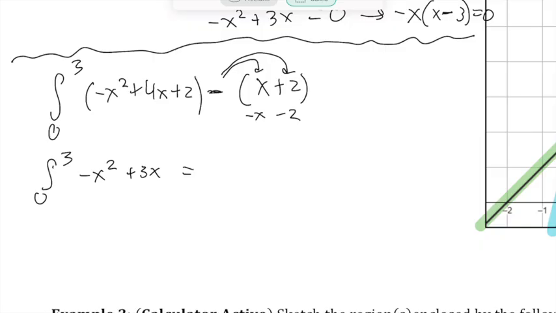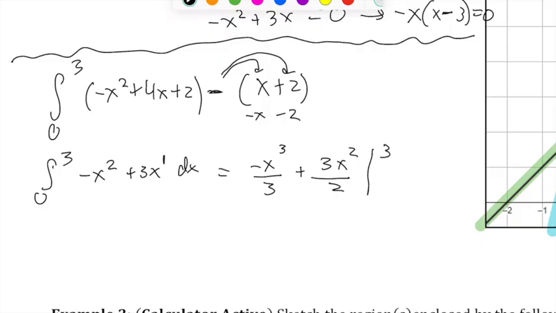Well, I guess I technically should write, to be formal, that this is dx. Now if I take the integral here, I'm going to add 1 and then divide by 3. And then since this is a 1, if I add 1, I get 2 and then divide by 2.